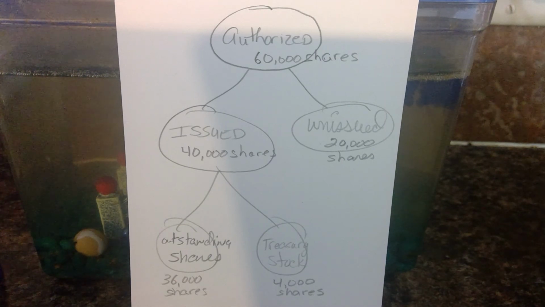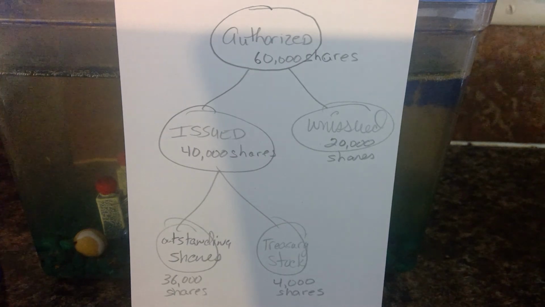So the easiest way to go about using the tree diagram, which you will have to do later on in this chapter, is to figure out the number of outstanding shares. If you were to go back to slide number 3 and take a look under common stock, this is the common stock portion.